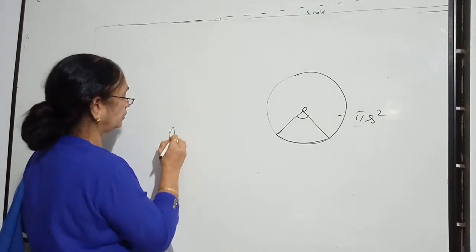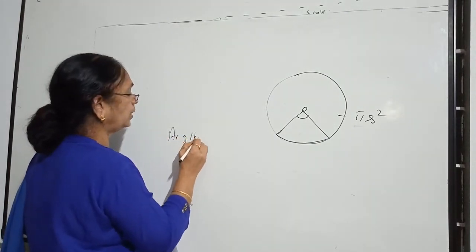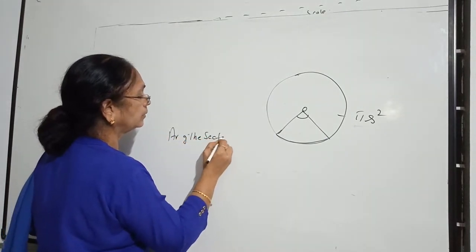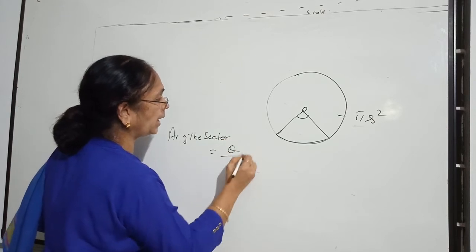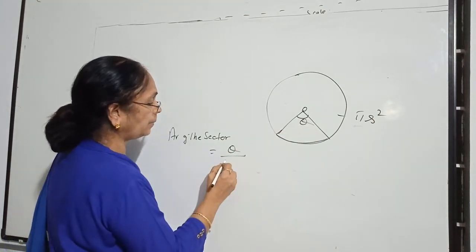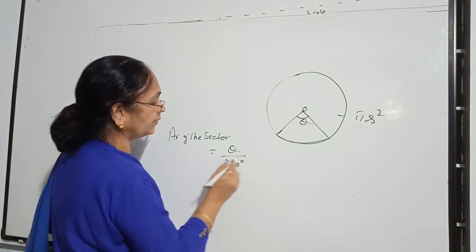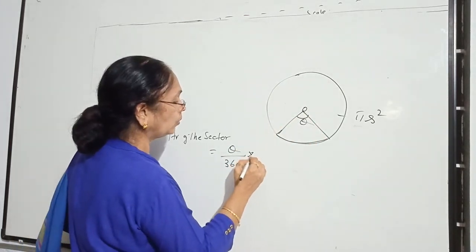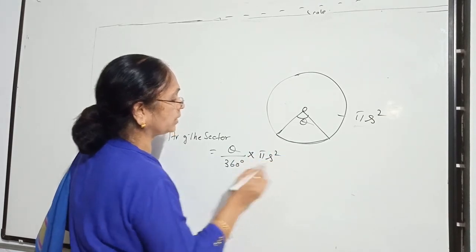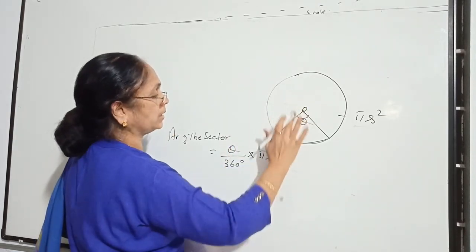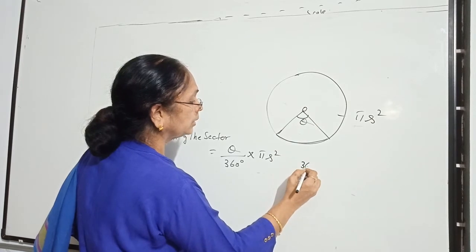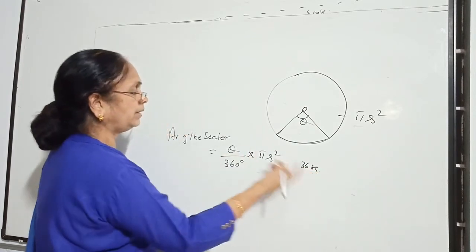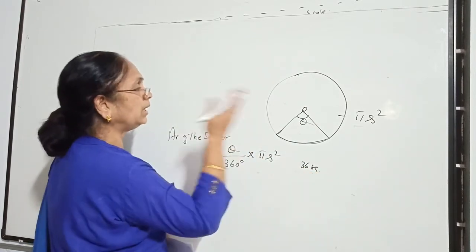So here area of the sector is theta by 360 into pi r square. This is theta. Why am I taking 360? The whole center angle is 360. So that means when they are giving you the area, suppose the area is given as 36 square centimeters, and then they give theta, 60.